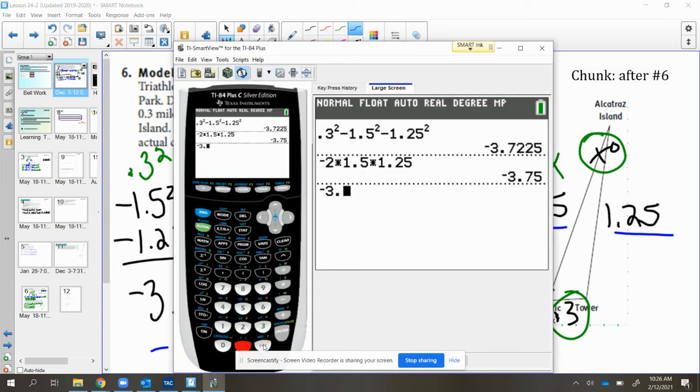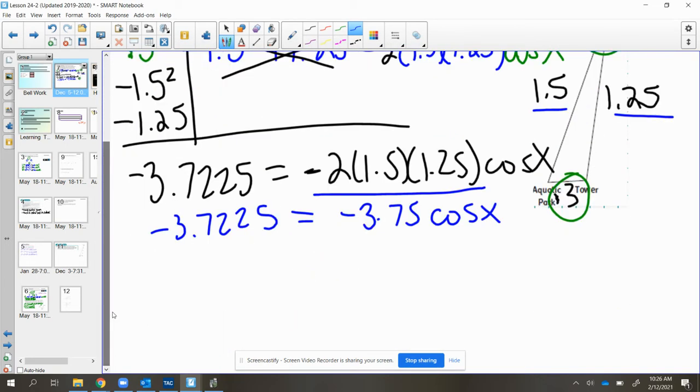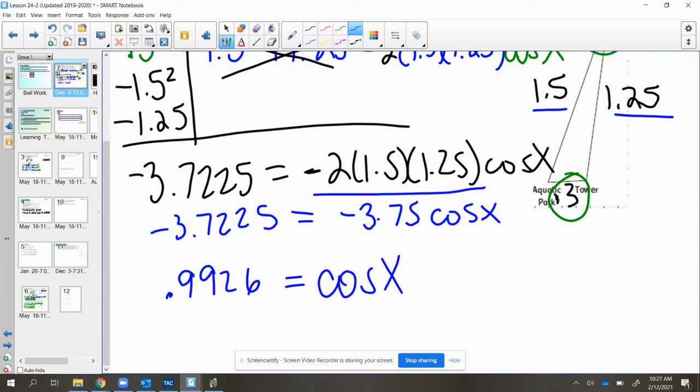Negative 3.7225 divided by 3.75. This now is what we are going to have to take the inverse of cosine-wise, okay? Because right now we have this 0.9926-ish equals cosine x, and to get the x, we need to take cosine inverse of that decimal to get our final answer.